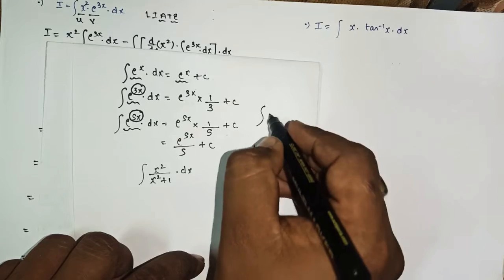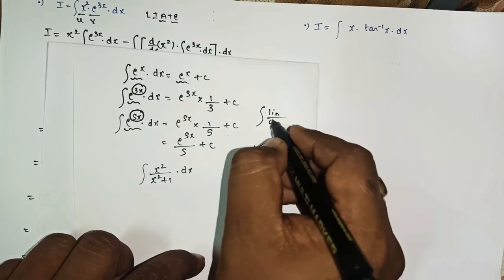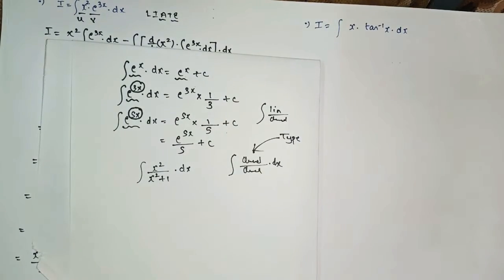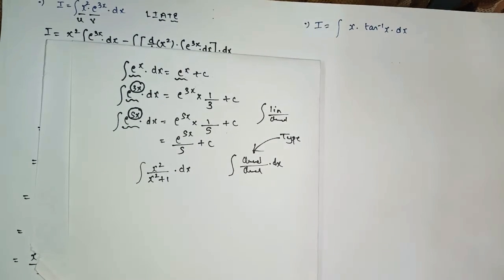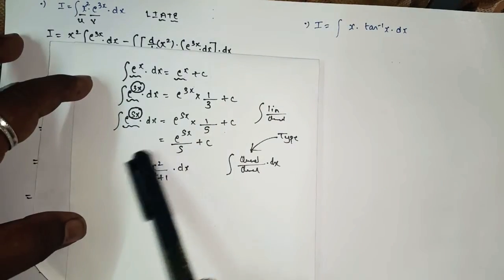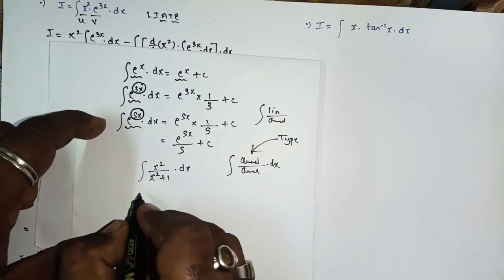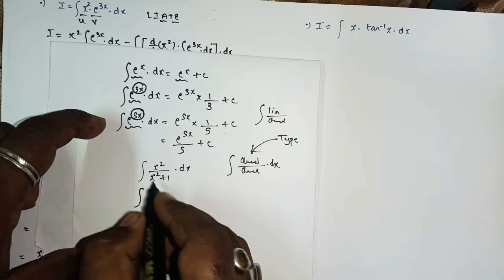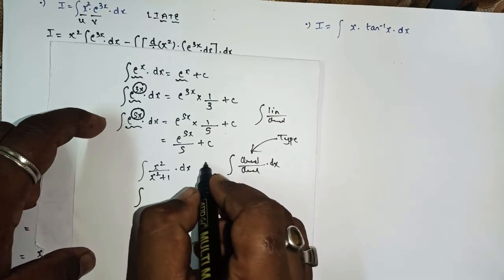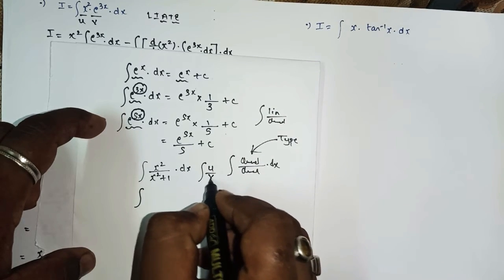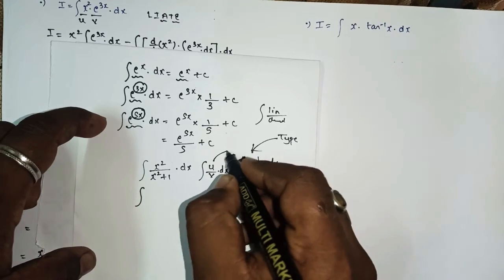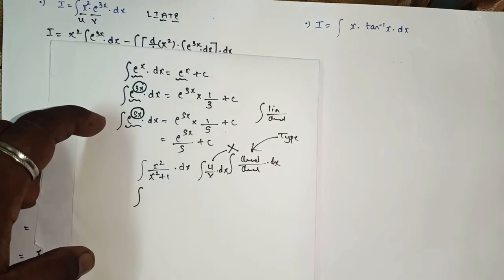We have a type for linear upon quadratic, but we don't have a separate type in integration for quadratic upon quadratic. Clearly we can see that it is in the form of u by v, and in integration we don't have a u into u by v rule.